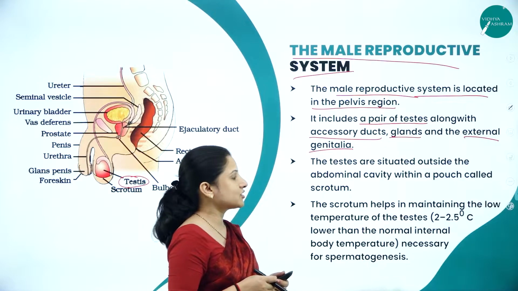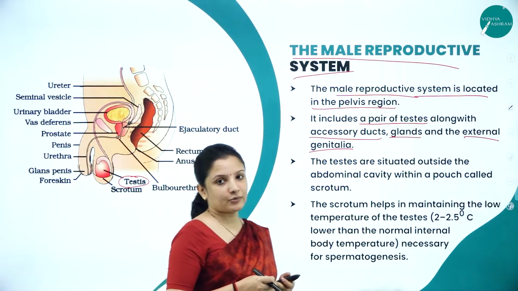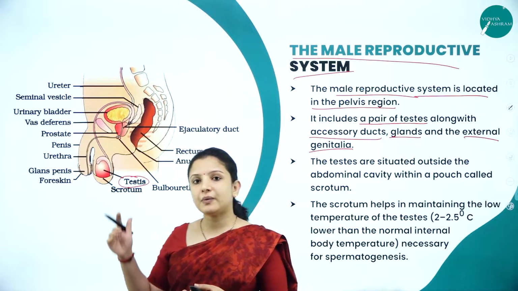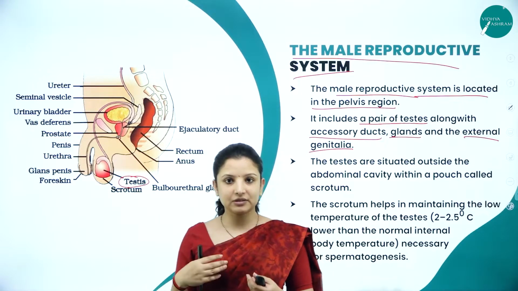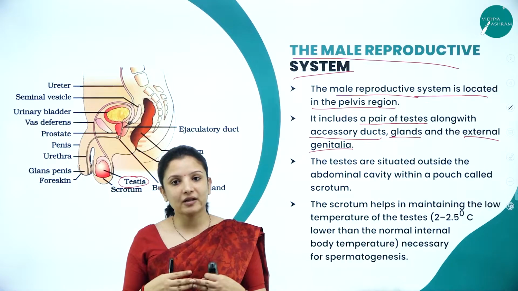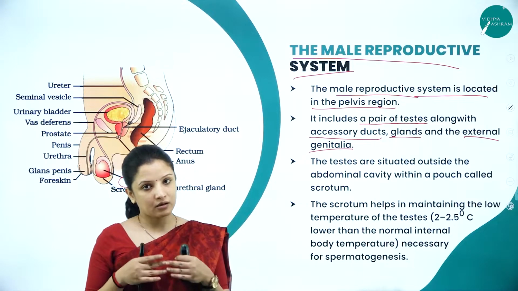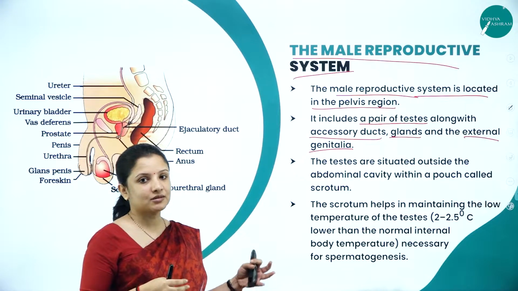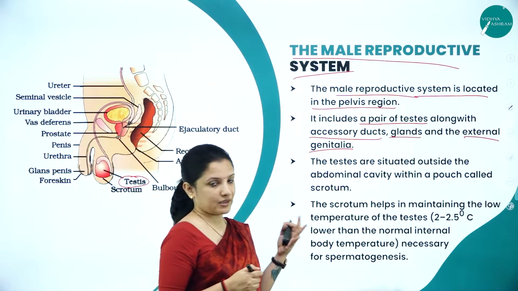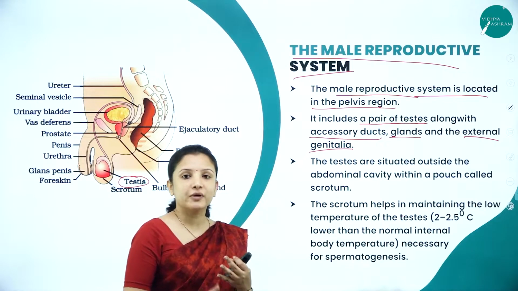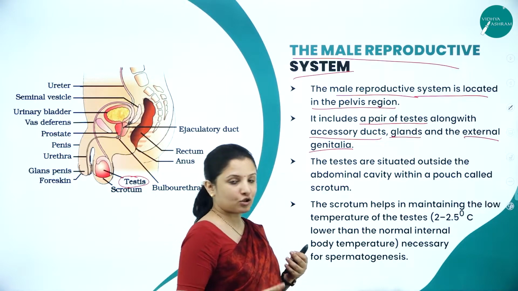So testes are situated outside the abdominal cavity. Most of the parts of the male reproductive system that are present in the pelvic region are inside the body of the male, but the testis is outside the body of the male. So it is situated just below the abdomen or the stomach area.